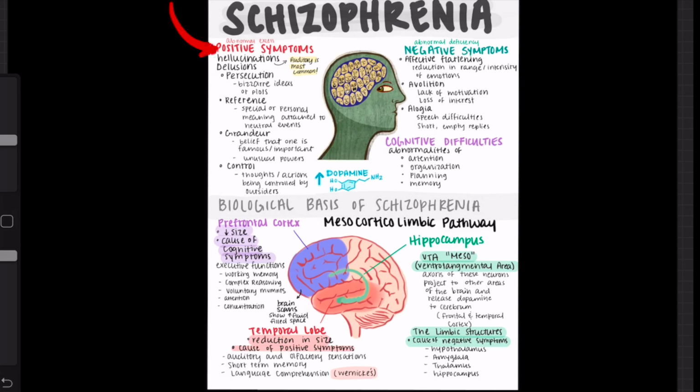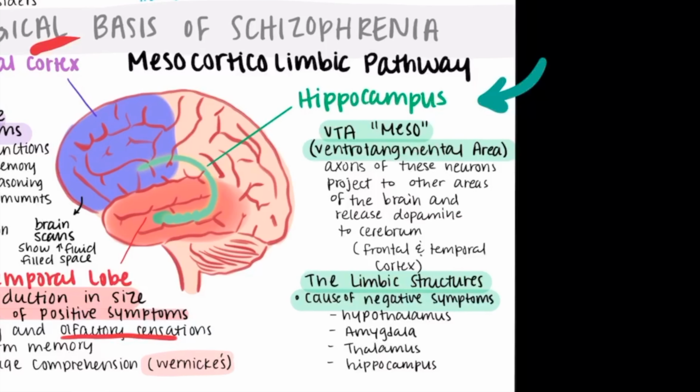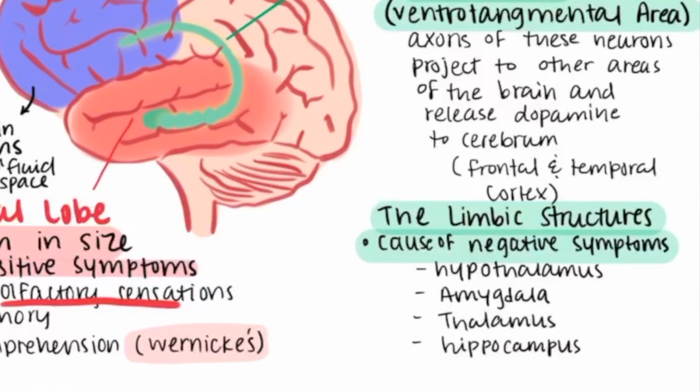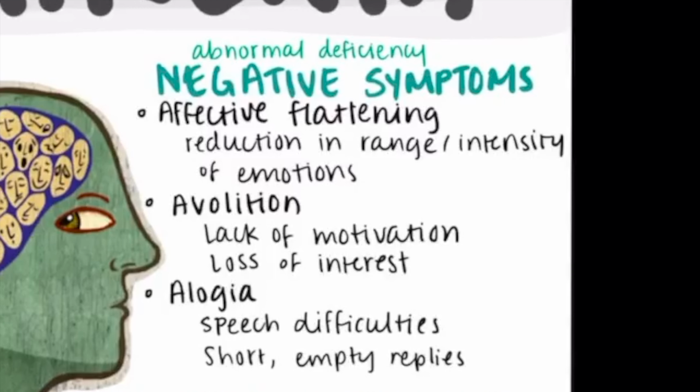Here, positive symptoms are written in red, and similarly in the below diagram, the biological one, you see that the positive symptoms are highlighted in red in the temporal lobe. Negative symptoms are on the other side, blue, and we can see right away that the hippocampus and the limbic system are responsible for negative symptoms in schizophrenia.